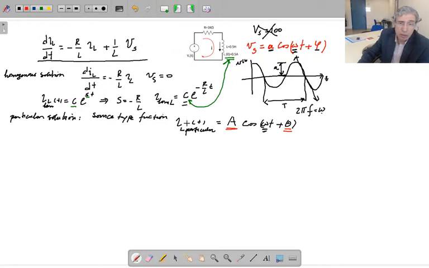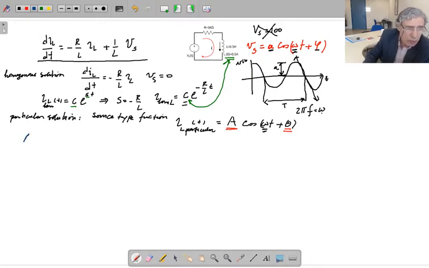We are going to take the derivative of this function. Maybe blue is better for the calculation of the particular solution.